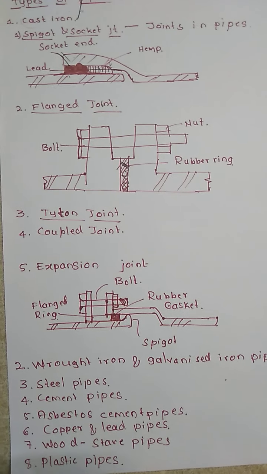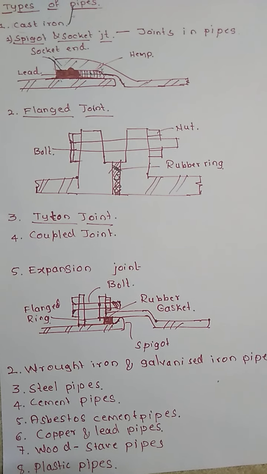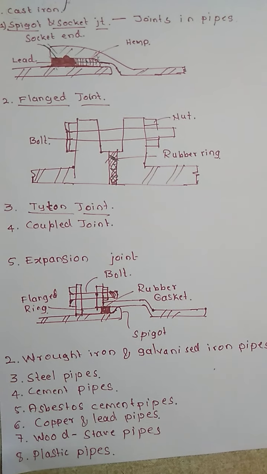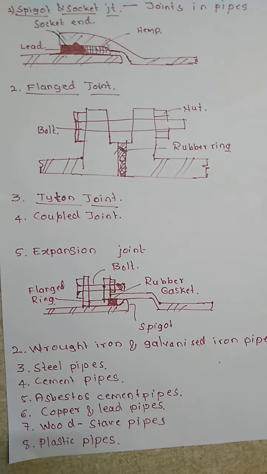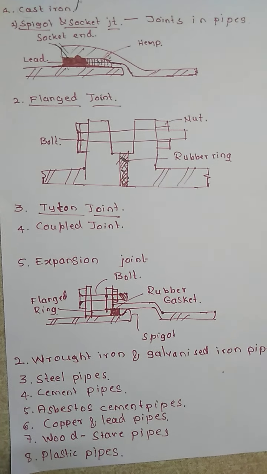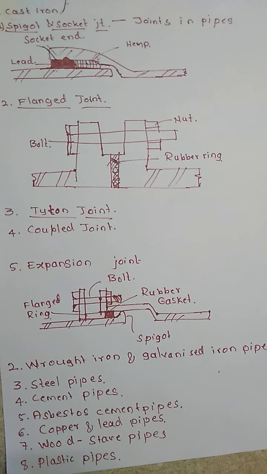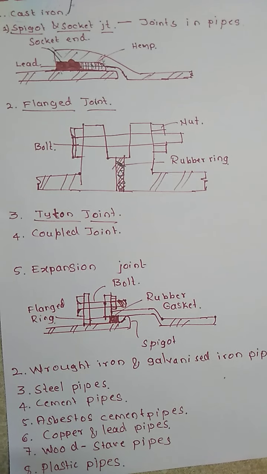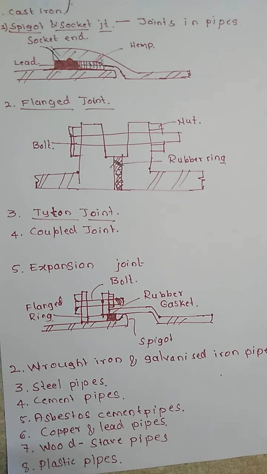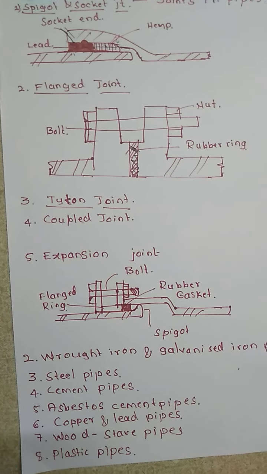Then in the continuous stave pipe, the joints between the staves are placed radially, while the joints between the ends are so arranged that they do not come in the transverse section. They can have a diameter of about 6 meters, and can withstand a pressure of around 10 kg per centimeter square.